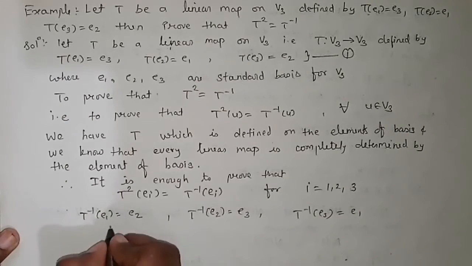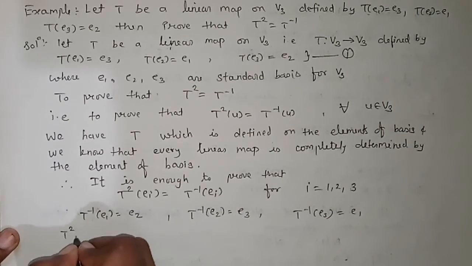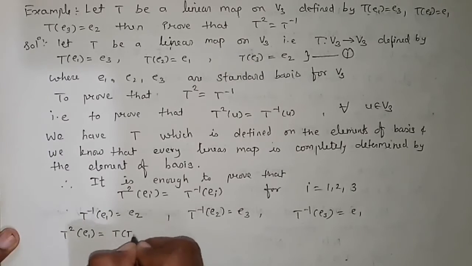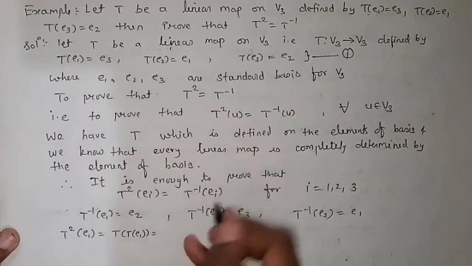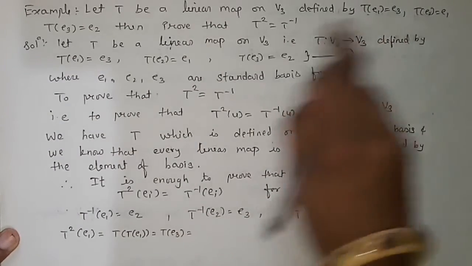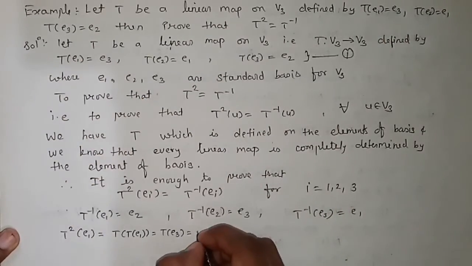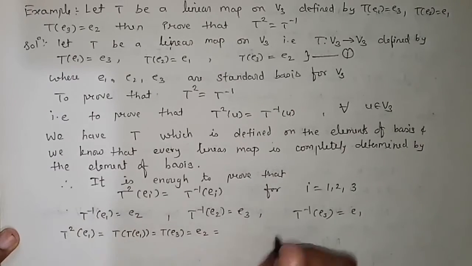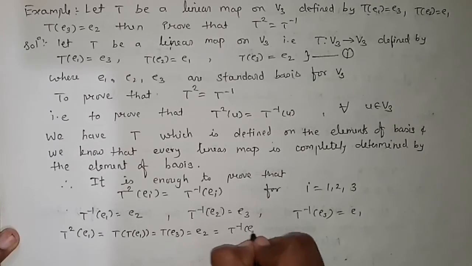Now if I have to find T square of E1, that means T of T of E1, but T of E1 is E3. So T of E3, and T of E3 is E2, and E2 is my T inverse of E1.